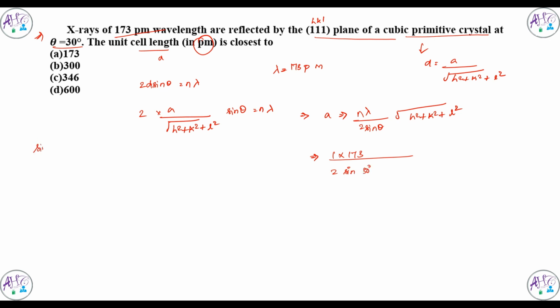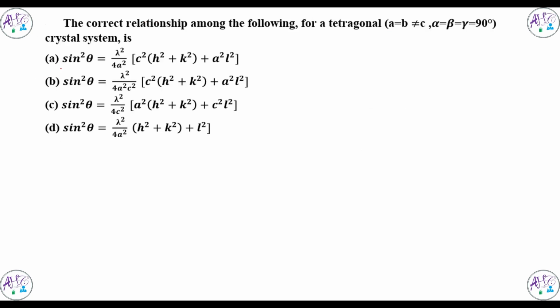So we know sin 30 degrees is going to be equal to 1 by 2, into root of h square plus k square plus l square, which is 1 square plus 1 square plus 1 square. So this is going to be equal to 173 divided by 2 into 1 by 2, sorry, 1 by 2 into root 3. Okay, wow. So if you solve, this is going to be almost 299.648. So the answer is going to be 300 picometer. Okay, 300 picometer is the correct answer.